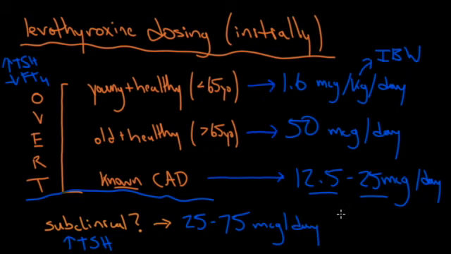If the TSH is between the upper limit of normal and 8, we would do 25 micrograms. If the TSH was between 8 to 12, then we would do 50 micrograms, so meeting in the middle. And if the TSH was over 12, we would go with 75 micrograms a day to start out.